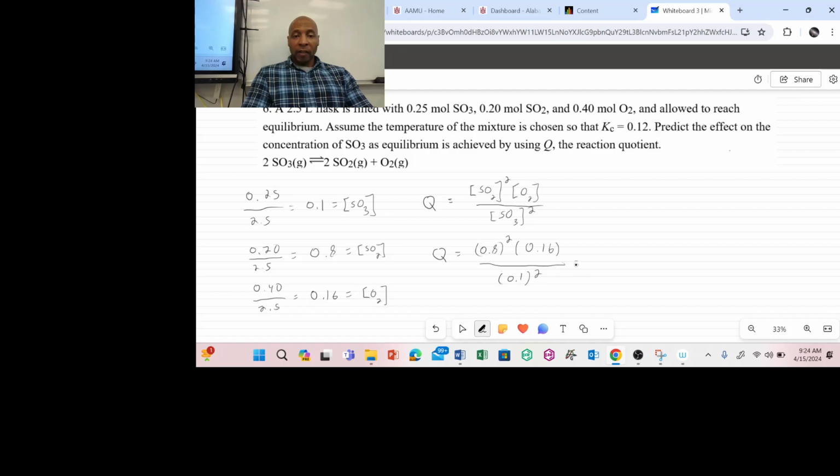Okay, so guys, to get this, all I'm going to do is take 0.8 times 0.8 times 0.16 divided by 0.1, and divide by 0.1 again, right? Y'all see how I did that? And I ended up with, what did I end up with? I think I did something wrong because I ended up with 1,024.